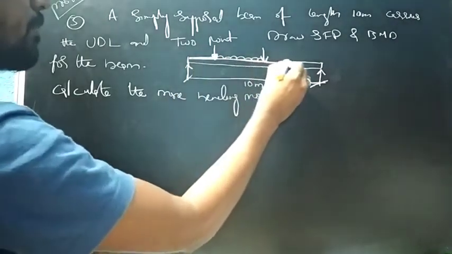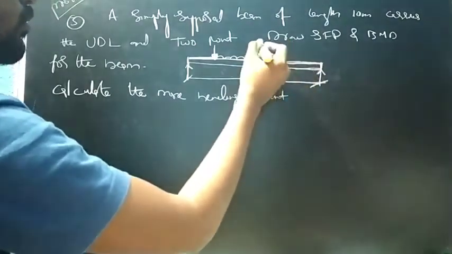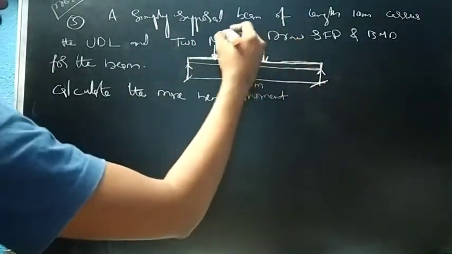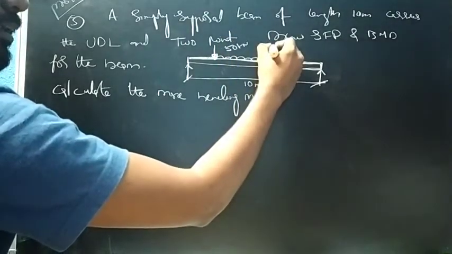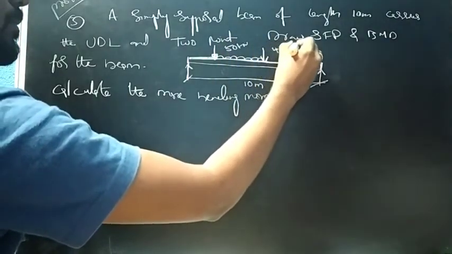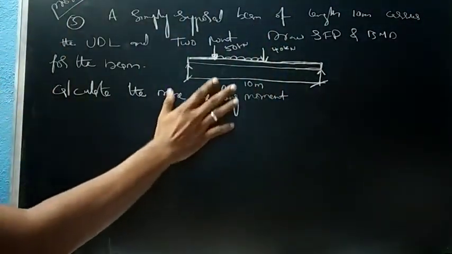So this is our beam. 2 point loads, 50 kilonewton and 40 kilonewton, right?